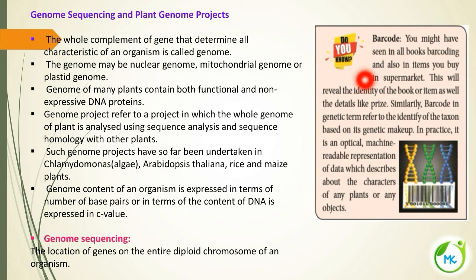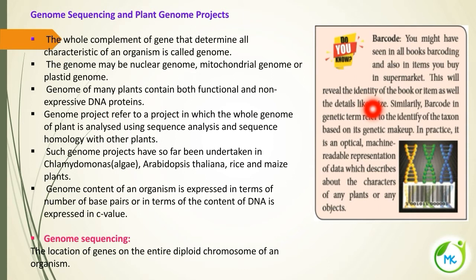So here, do you know barcode? So barcode, you will be familiar. In books also at the back of the book you will have a barcode. And similarly in the items when we are purchasing from the supermarket, there will be a barcode. So when it is scanned, the barcode is read, okay, it will give the details like price and all.